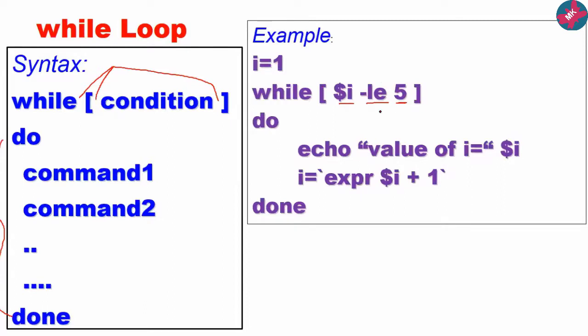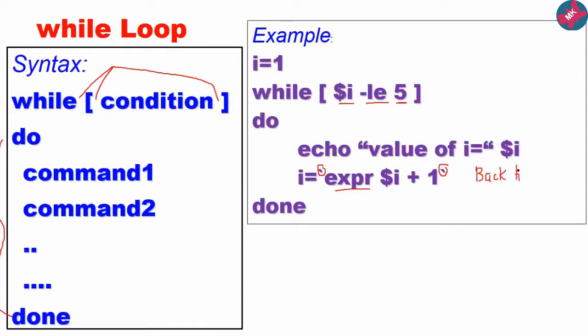So here do, then echo the value of i, and for incrementing the value of i I have used the expr statement, and remember these are backticks. In the last practical I told you that this is just below the escape key on your keyboard. This is the backtick. This is not a single quote.